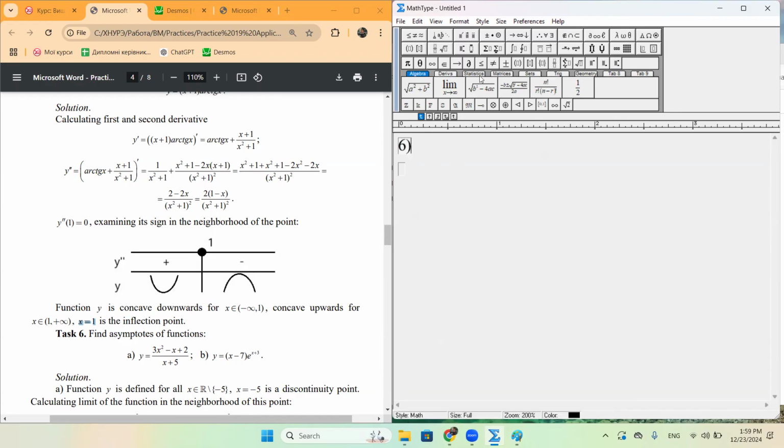So what about vertical asymptotes? We can have vertical asymptotes when the function has discontinuity points of the second kind. So which second kind discontinuity point can it be? x equals -5. So let's investigate this discontinuity point.